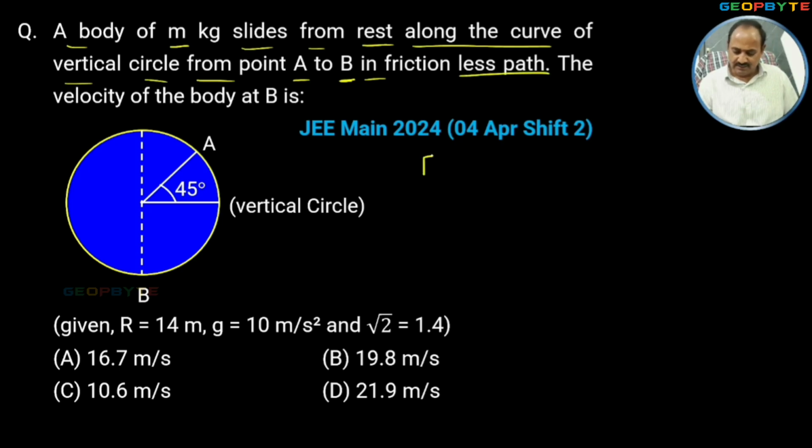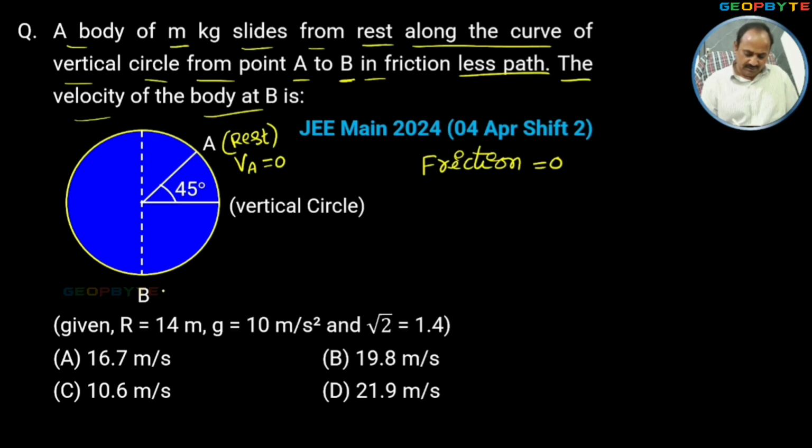That means friction effect equal to 0. That's one condition. And at A, the body is at rest. That means initial velocity of the body at A equal to 0. That's another condition. Then the velocity of the body at B. You're asked to decide what is the velocity of the body at B.